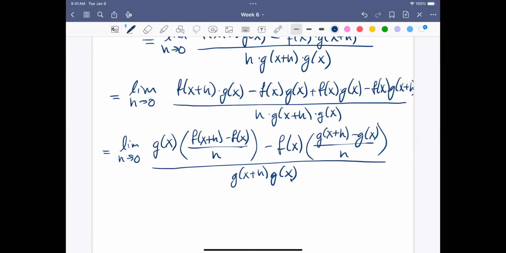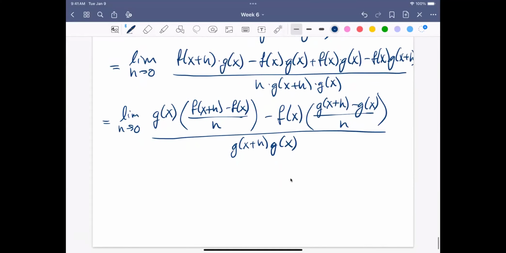Right. Now that we have that, all of these parts that we have now broken it down into, we can get limits of.